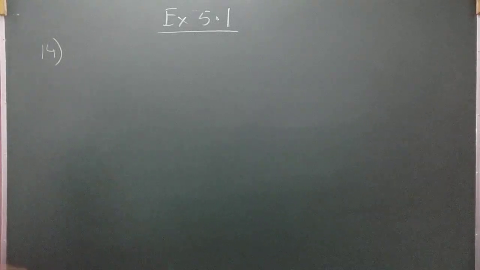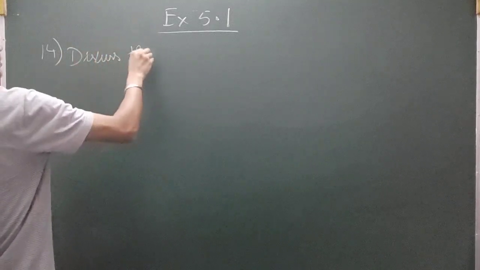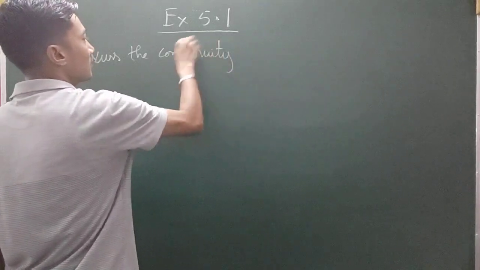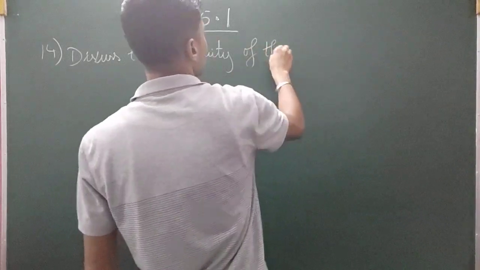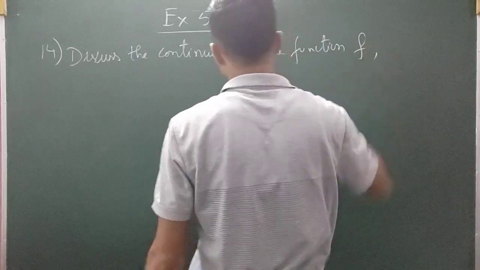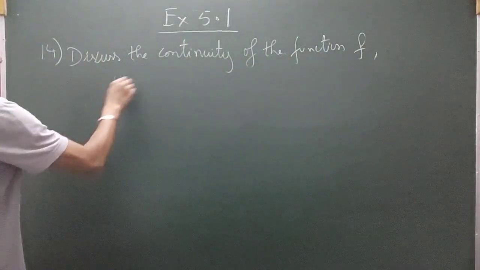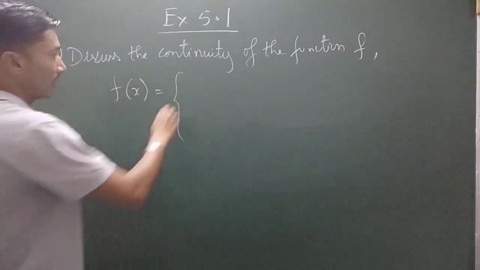So the question is, discuss the continuity of the function f. Discuss the continuity of the function f, where the function that is given to us is 3, 4, 5.